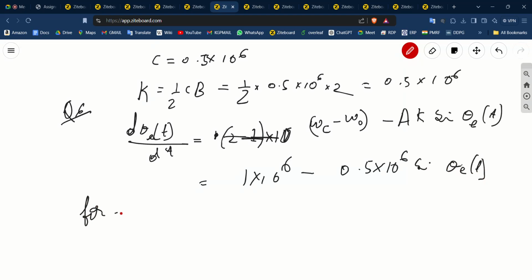Now for equilibrium, d theta e(t)/dt will equal 0.